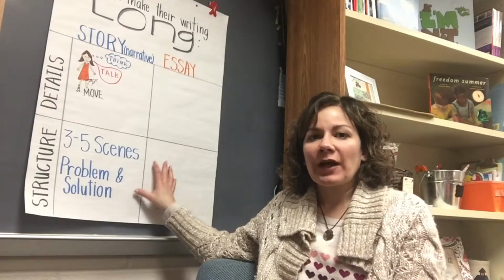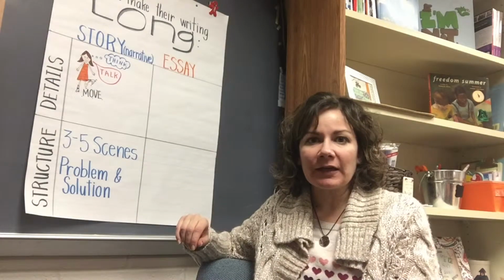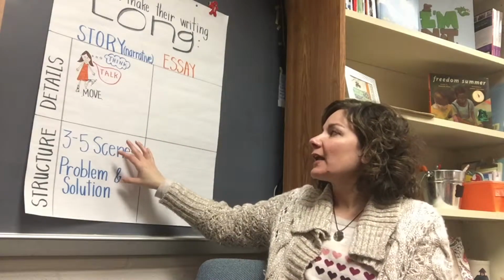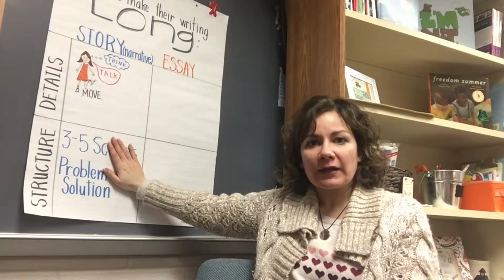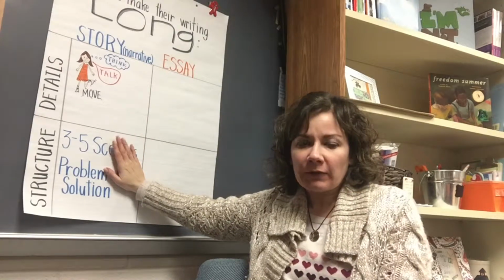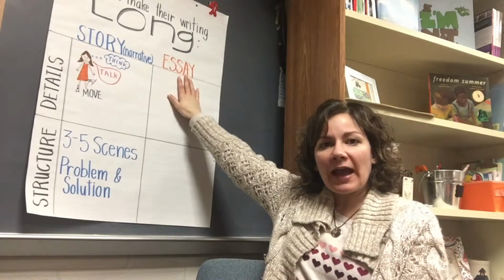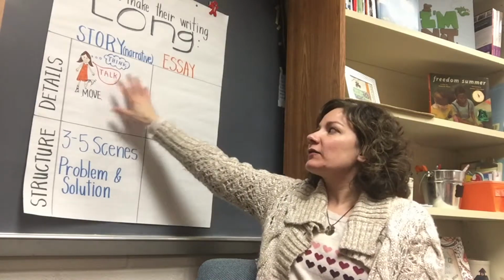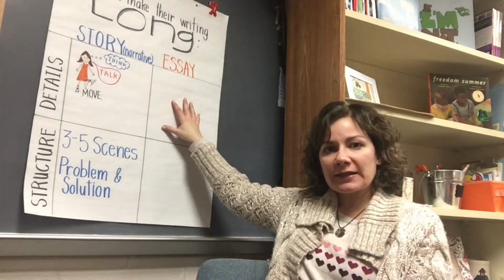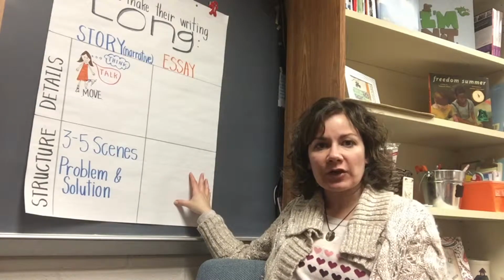So I set a chart up for us to collect some of our ideas on how to lengthen our writing. On this chart, there's a table, and one side of the table is to collect how to lengthen writing for story, or what you may refer to as narrative writing, and the other side is for essay, or non-narrative writing, because we use different kinds of details for story and essay, and we structure story differently than we structure essay.